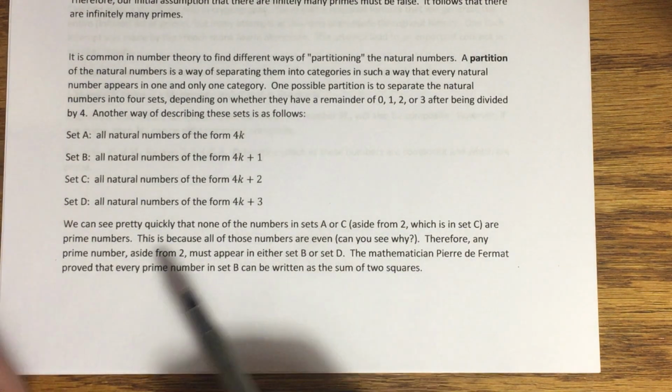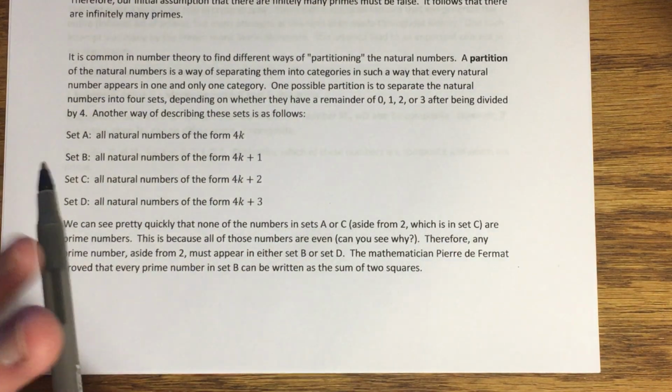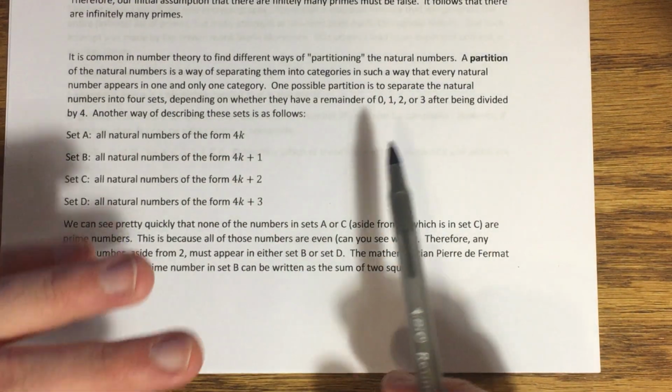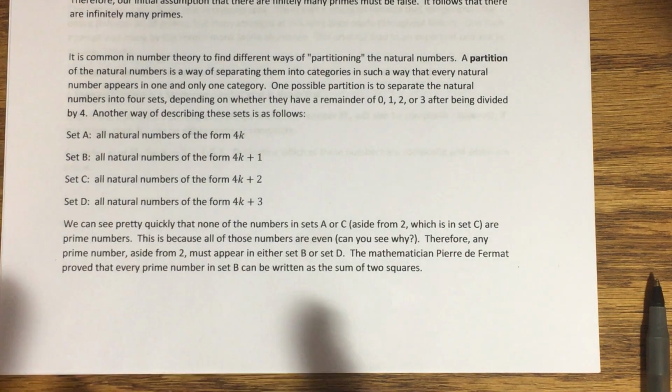You know the natural numbers to be the numbers 1, 2, 3, 4, 5, 6, and they go on infinitely. They go on forever. A partition of the natural numbers is a way of splitting those natural numbers into different categories based on some criteria. No natural number is allowed to appear in more than one category, and every natural number has to fall into one category or the other.